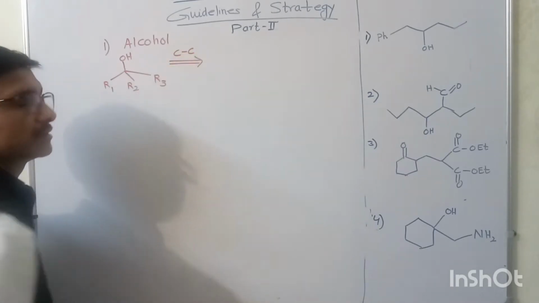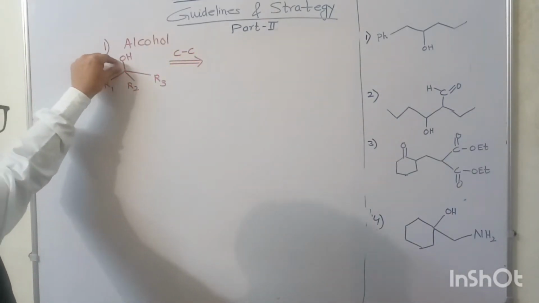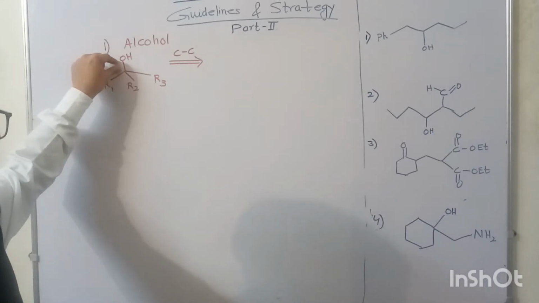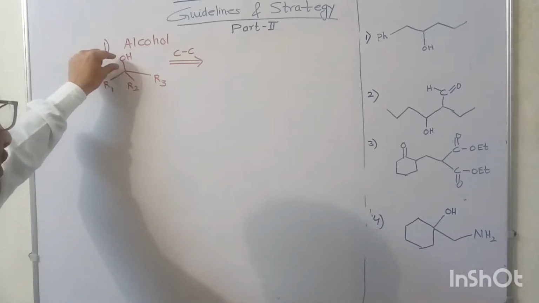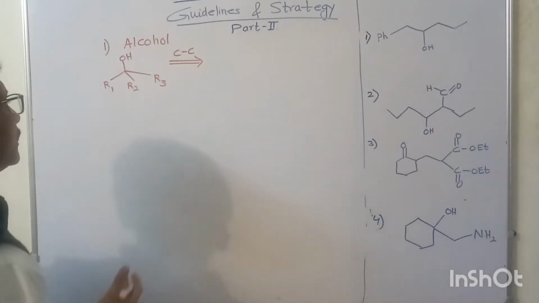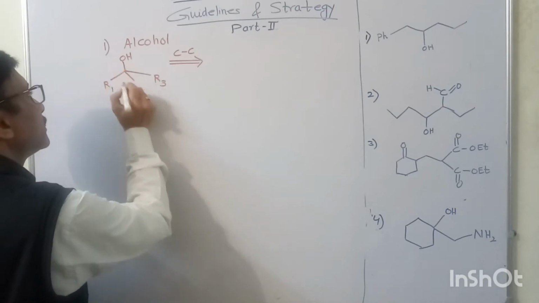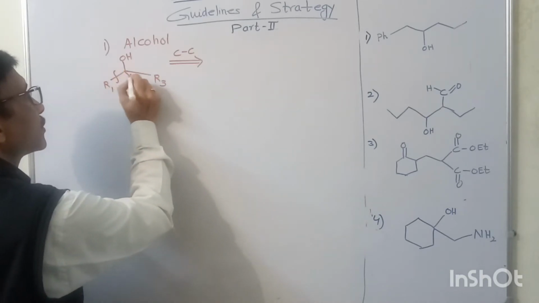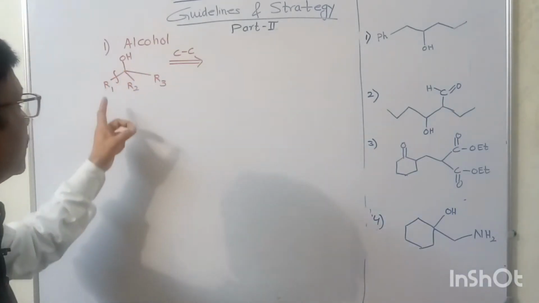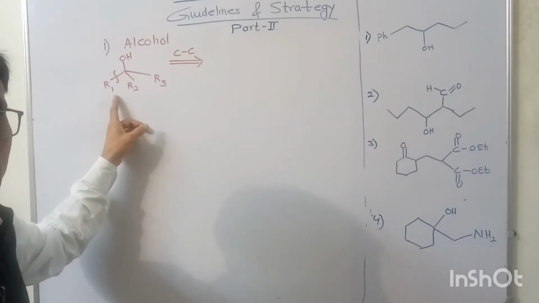We will not disconnect this bond because you will not get any good starting material; only after disconnecting this you can get the H2 molecule. I can do the disconnection either from here or here, so it depends on whether the synthon that is formed is a stable one or not.